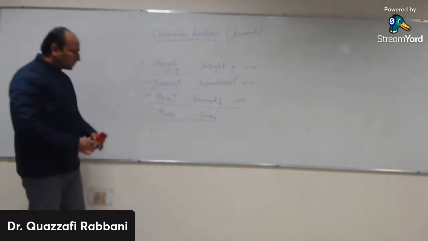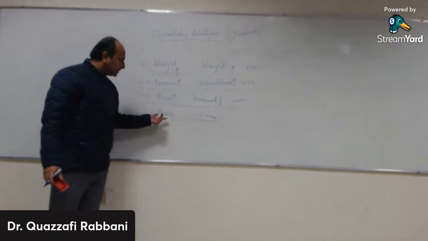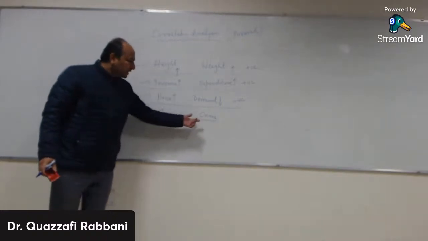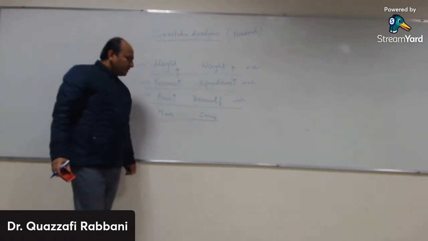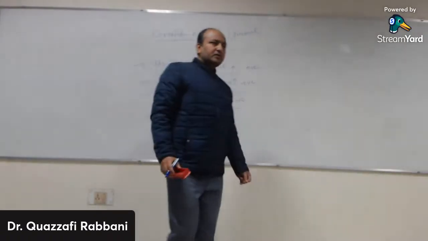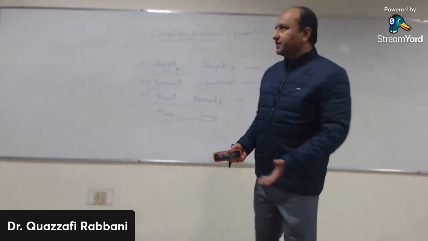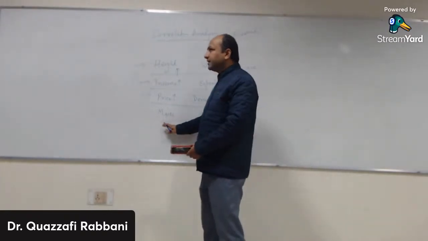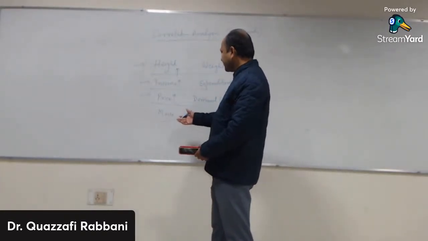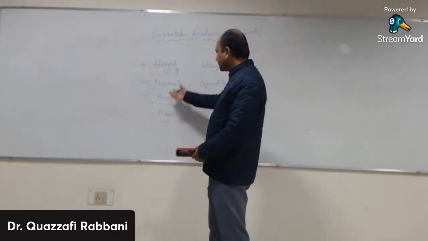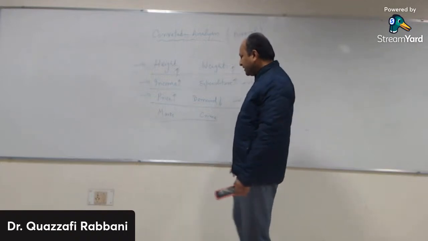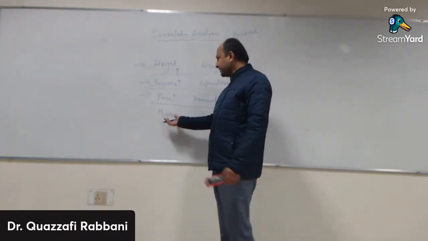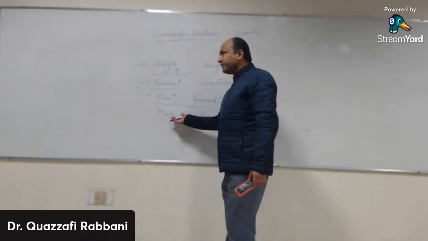There are two variables here, marks and crime. If marks increase, what is the effect on crime?